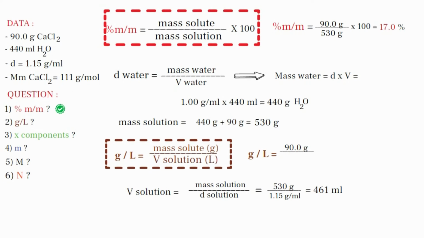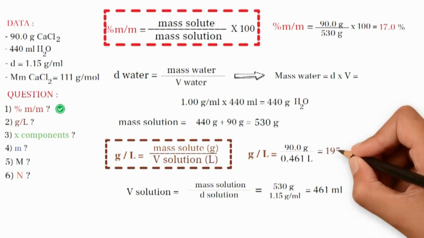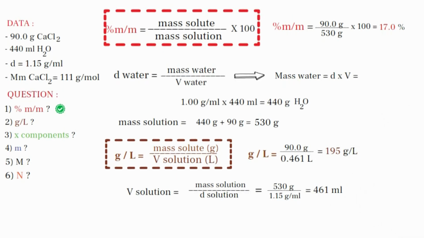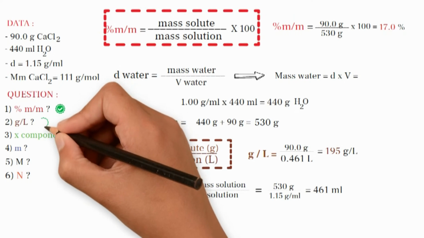This is very important. So let's write it here to have the answer. The answer will be 195 grams over liter. Of course, you have to convert milliliters in liters, because here we need the volume of solution. So we have also the second answer.